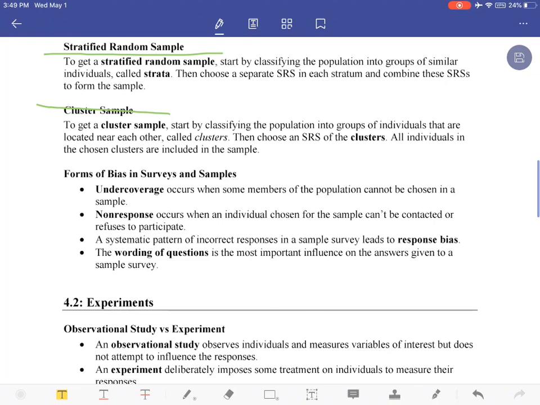A non-response bias is when some individuals in the population can't be contacted. So if you wanted to do a survey for all U.S. adults and send it out via email, then you're having a non-response from those adults that don't have an email address. And again, wording of questions can also be a strong bias as well, like we talked about earlier in the video.